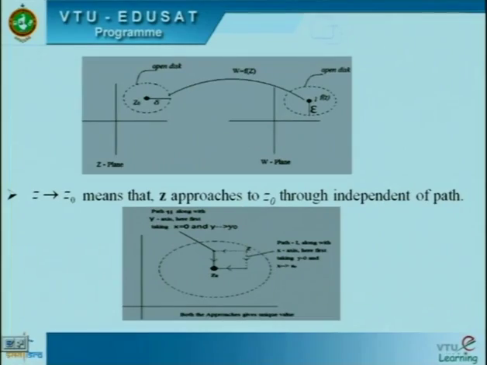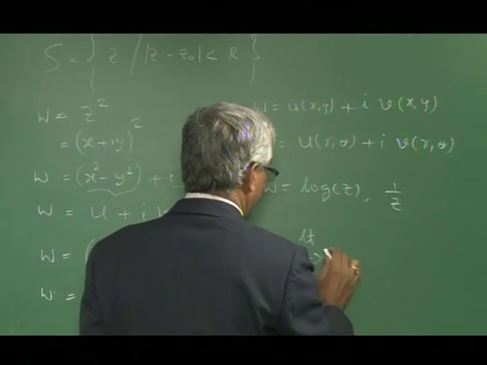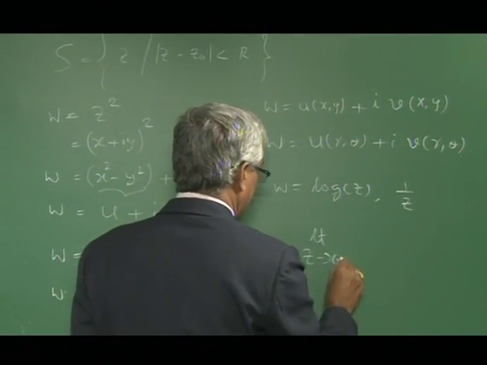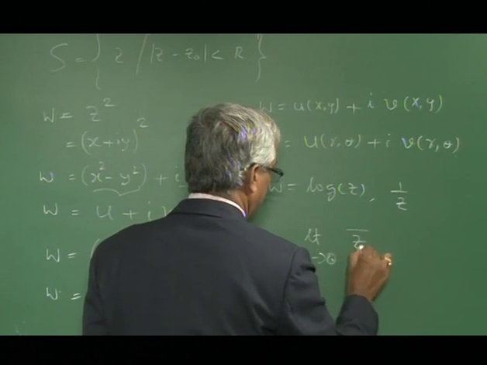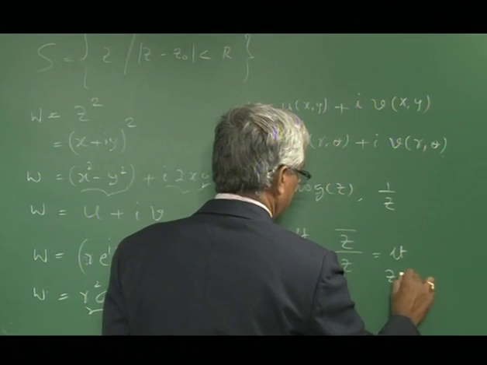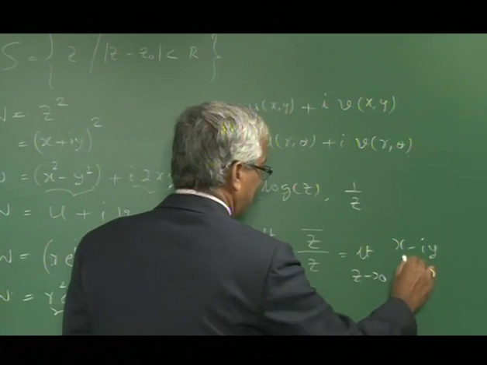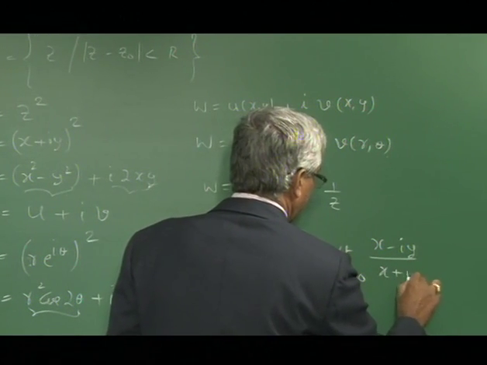So as a very simple example, we take the limit as z tends to 0 of z bar divided by z. That means you can take the limit as z tends to 0 of (x minus i y) divided by (x plus i y).